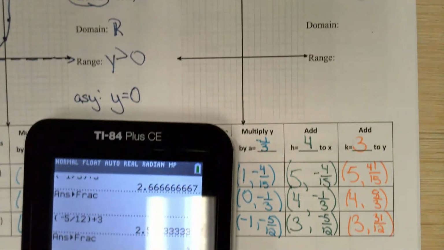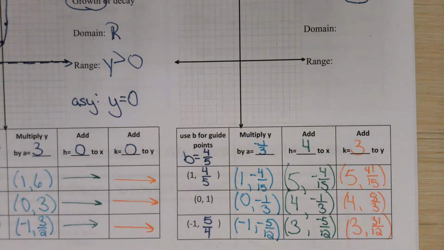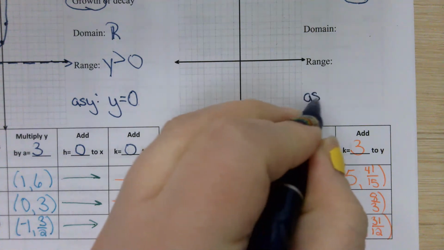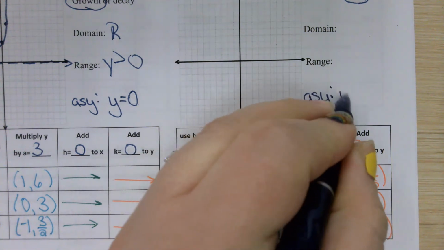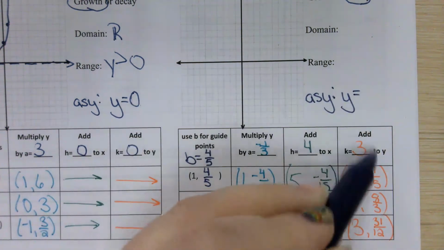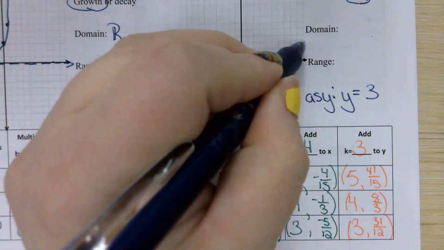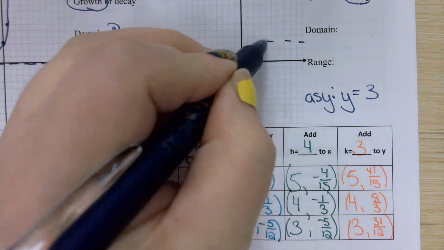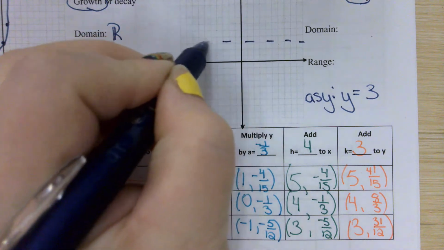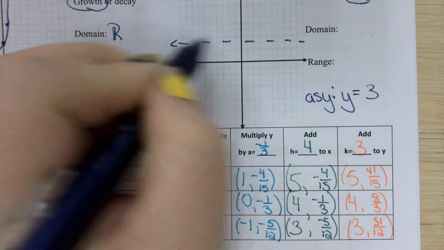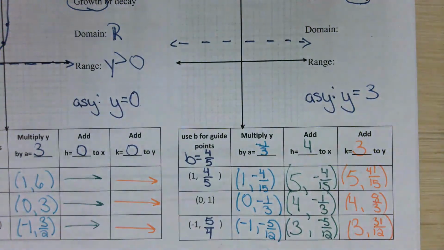So when I actually go to graph these, I need to list my asymptote first, which is y equals my k value, 3. And we'll plot that with a dashed line. And then plot our points.